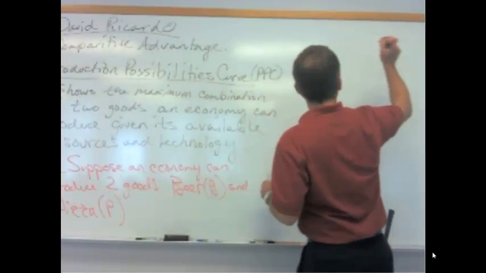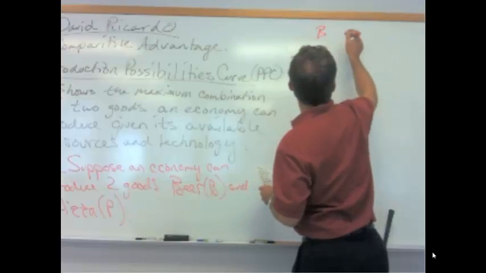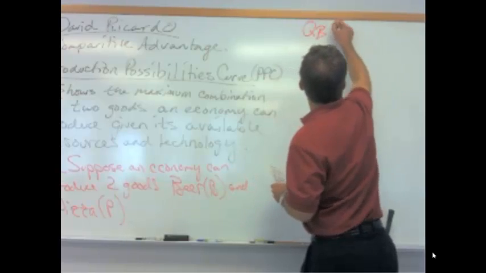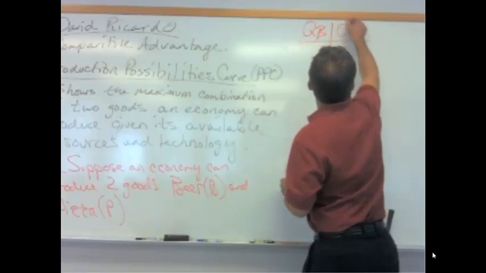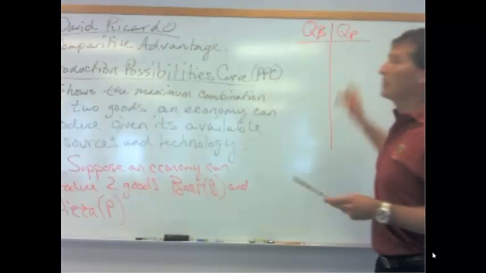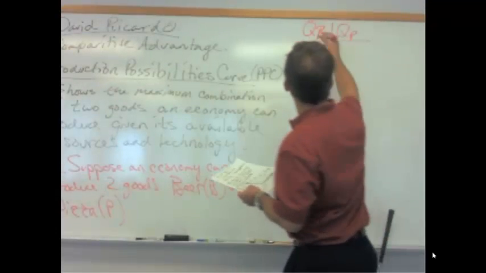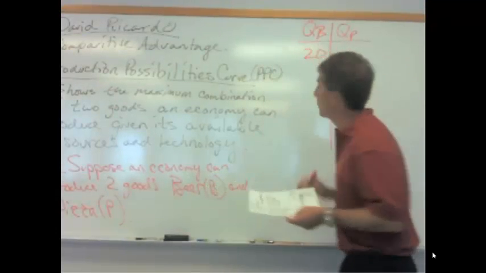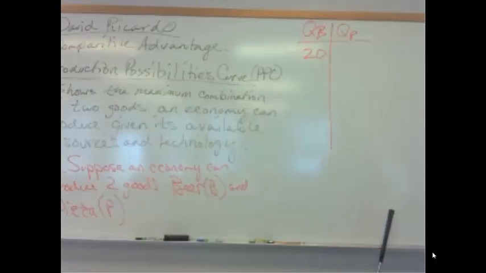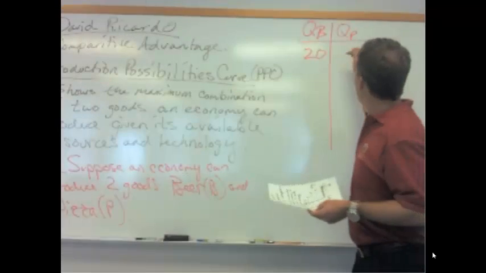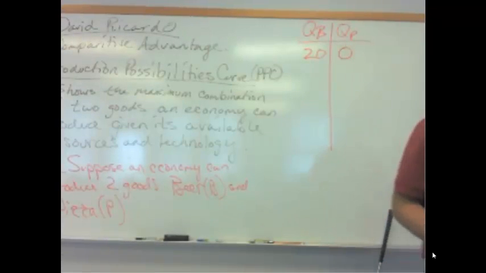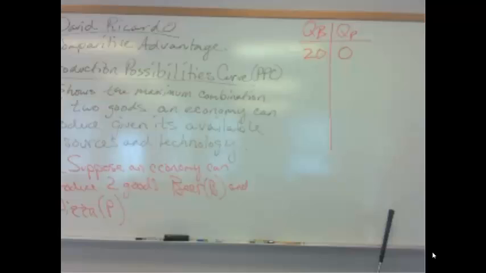And I'm going to have you put your schedule goggles on and look at the quantity of beer and quantity of pizza that this economy can produce. And so it's possible that it can produce 20 beers. But if it does, it can't have any pizza. All resources are being devoted towards beer production at that point.